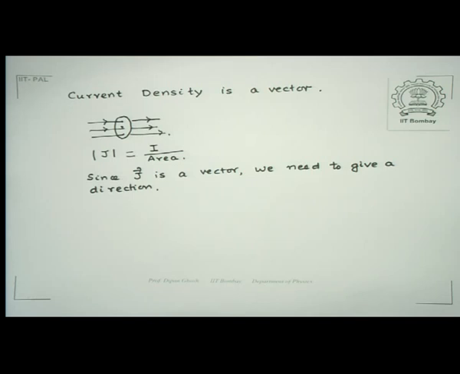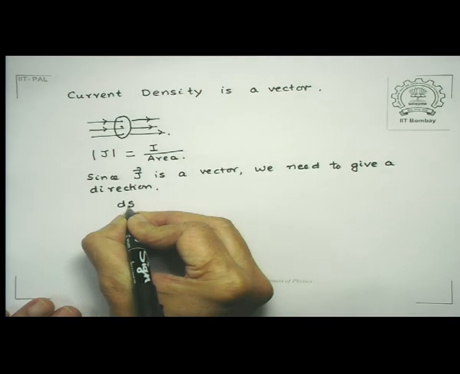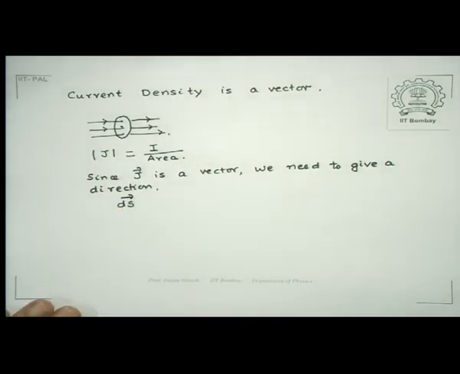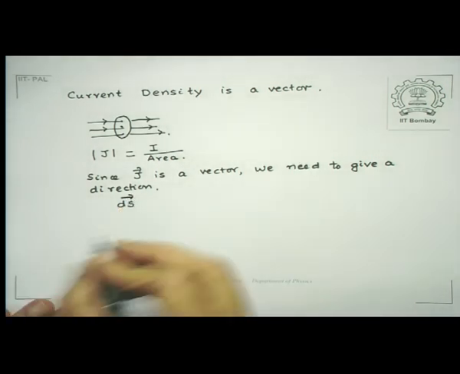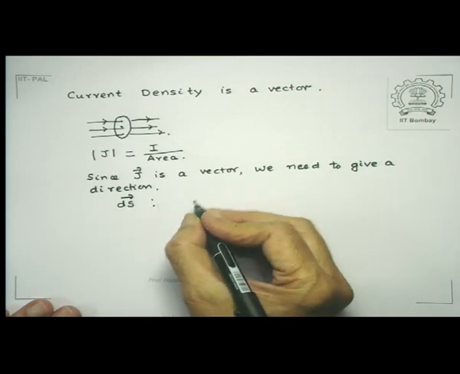This you have learned even in your mechanics course, for instance. So what we are now saying is this, that we define dS, the direction of the area element, as a direction which is perpendicular to the cross section.